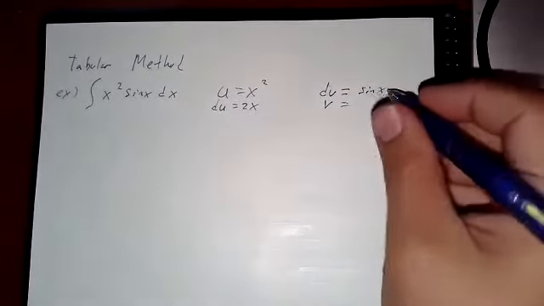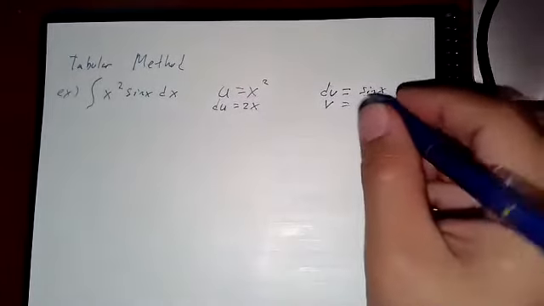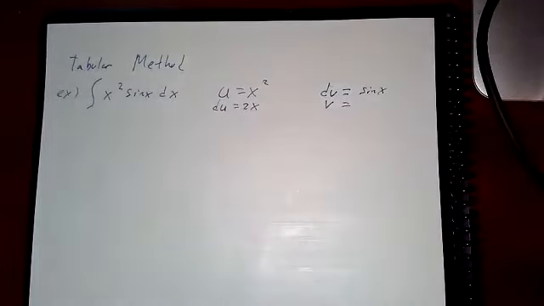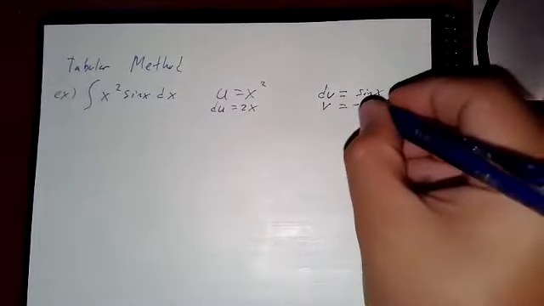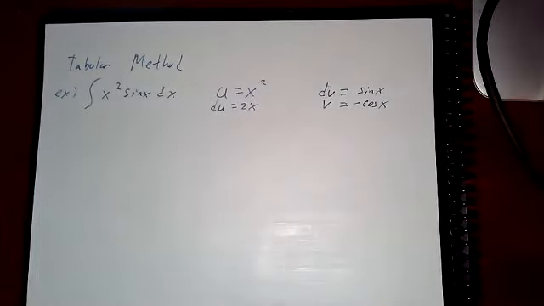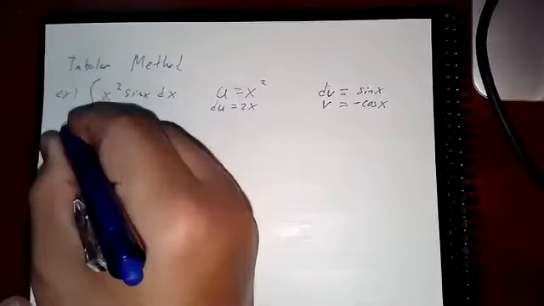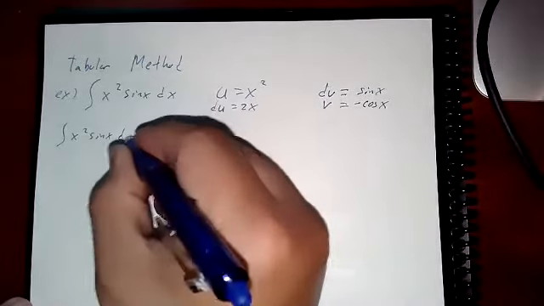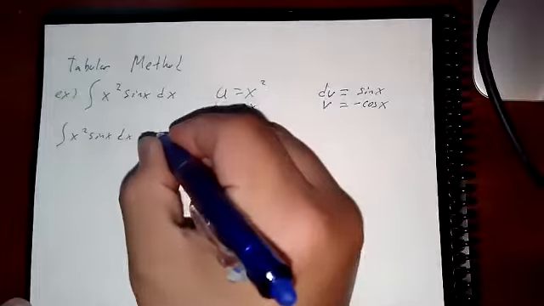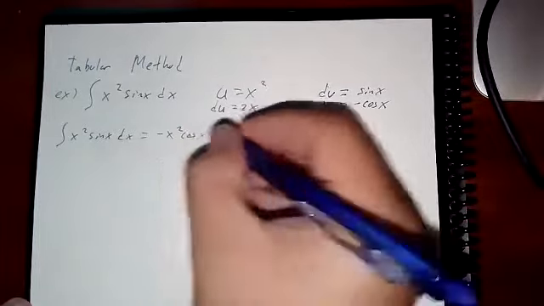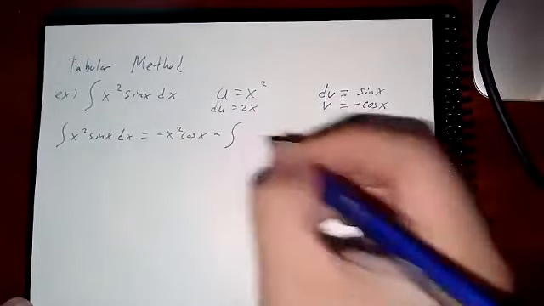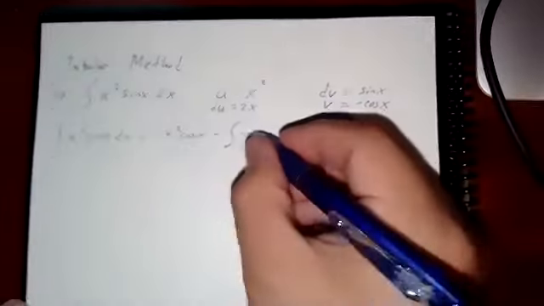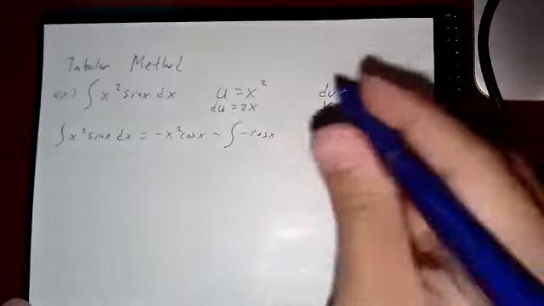What's the integral of sine? Negative cosine x. Yeah, that's right. Okay, let's try it out. The integral of x squared sine x dx is equal to u times v, so negative x squared cosine x, minus the integral of v du, so negative cosine x times 2x.